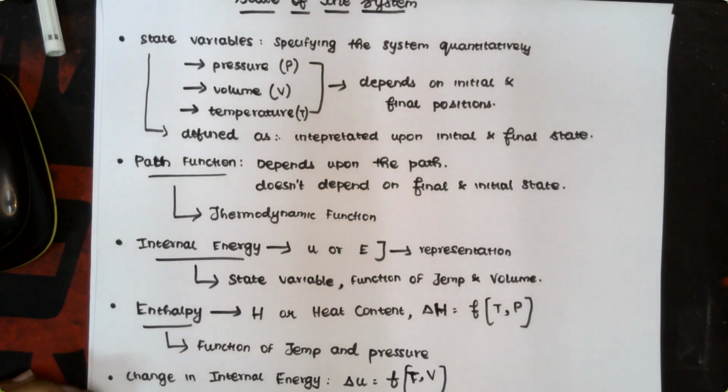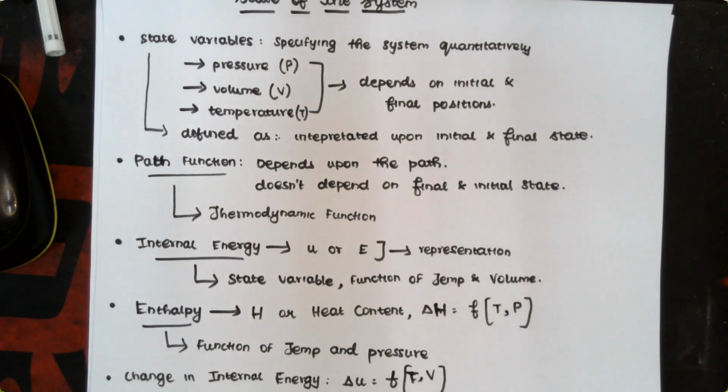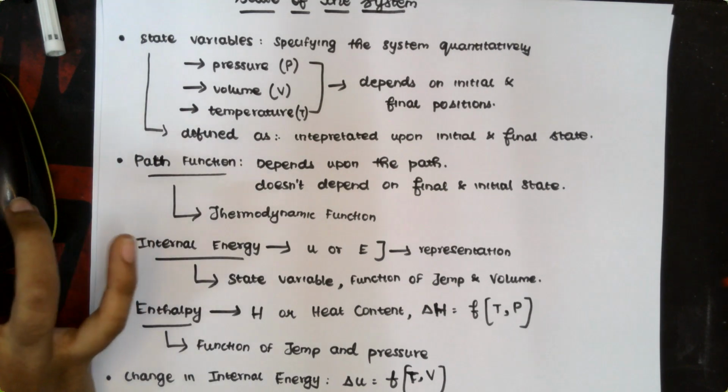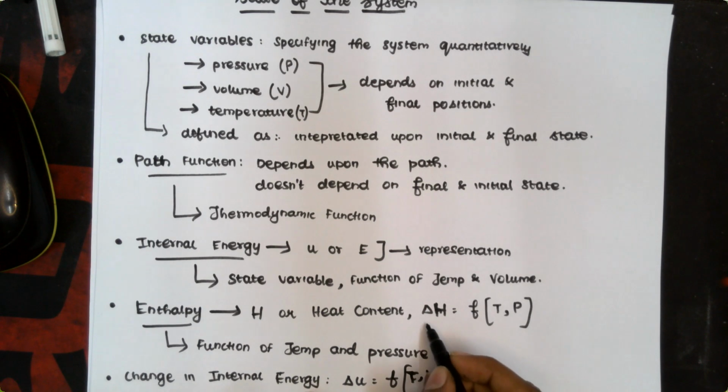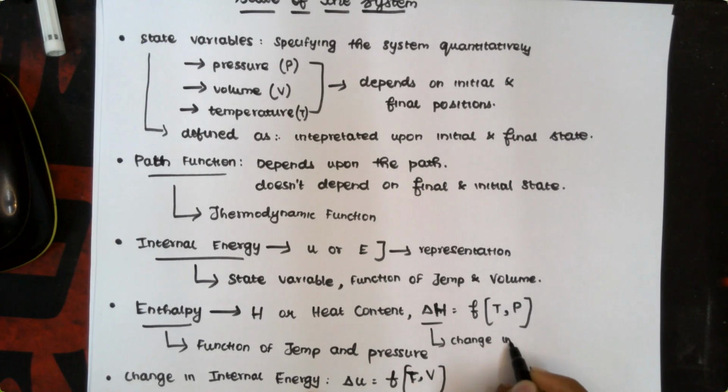This is a function of temperature and volume. That one is a function of temperature and pressure. So it means that is the change in temperature at constant volume, that is internal energy. When it is taking place at constant pressure, when heat change is accompanied at constant pressure, it is called enthalpy. Are you able to follow now?